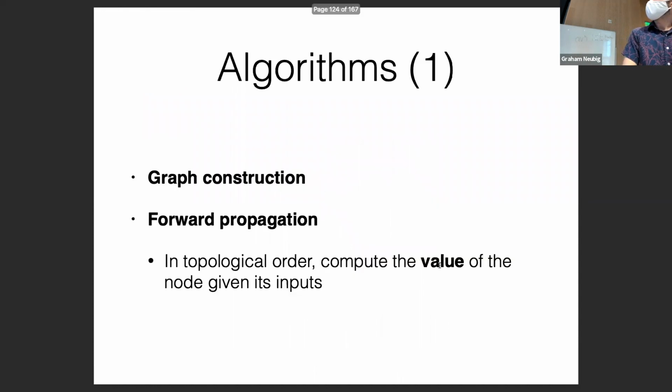And what we can do with it is we can run some algorithms over it. So we have graph construction and forward propagation. Forward propagation in topological order computes the value of the nodes given the inputs. For some people, if you're familiar with neural networks, you might not think of these as two different things.